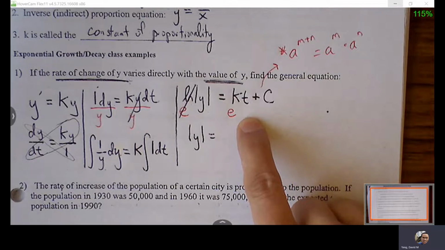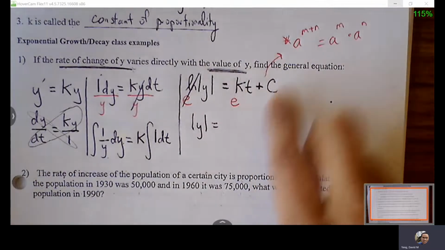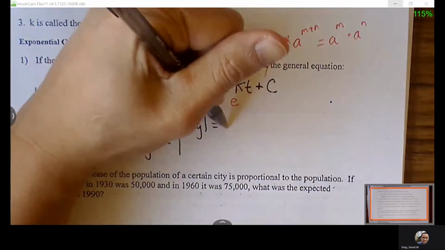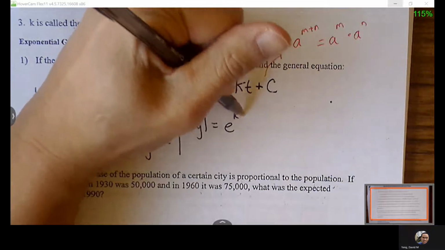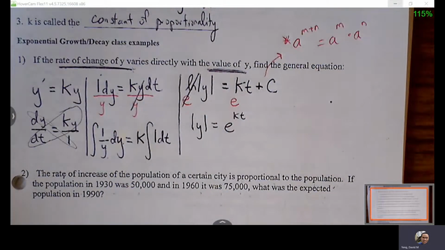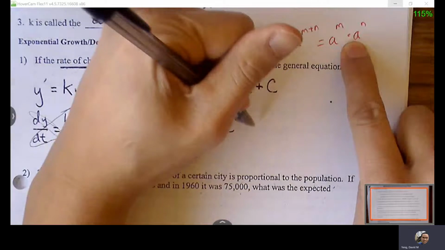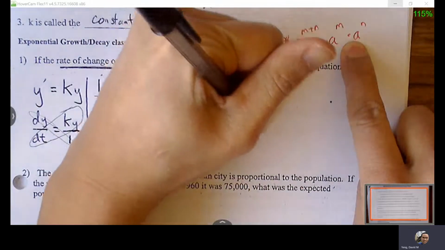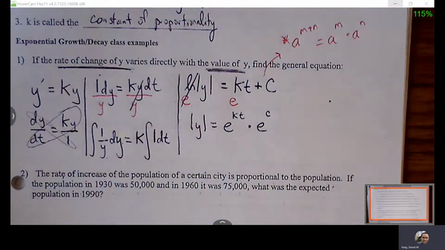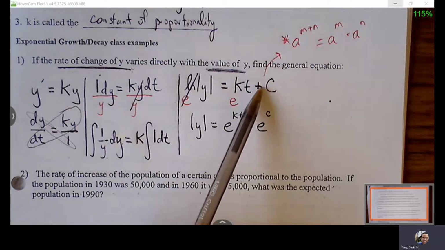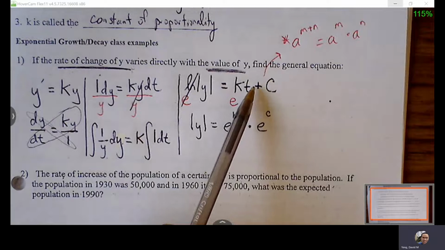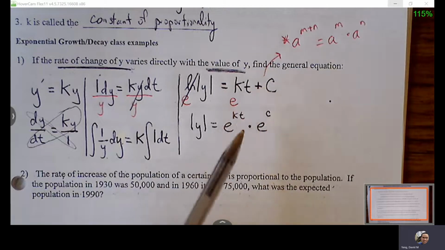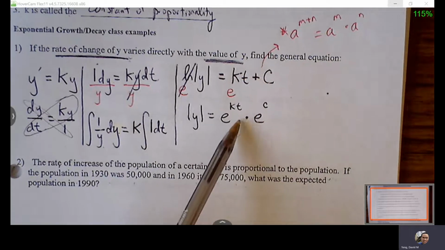So how can I get that e to the kt plus c to be separated using this property? Okay, but not plus. It's going to be what? Times. Yeah. So it's okay that you guys are making that mistake because it just takes some time to get used to the fact that the operation is going to change.